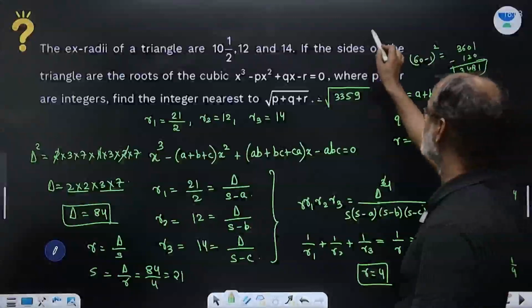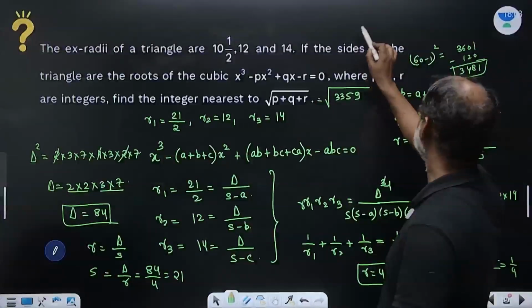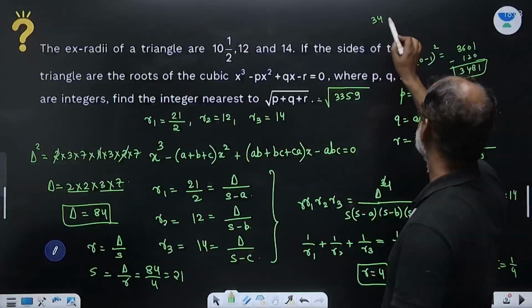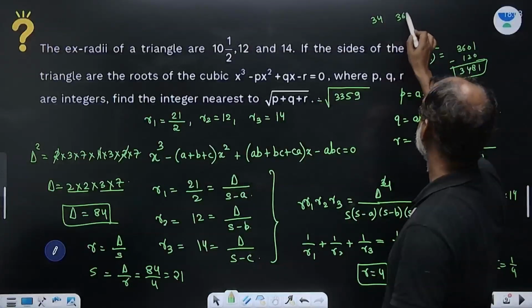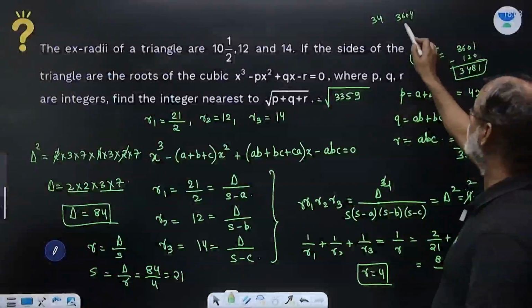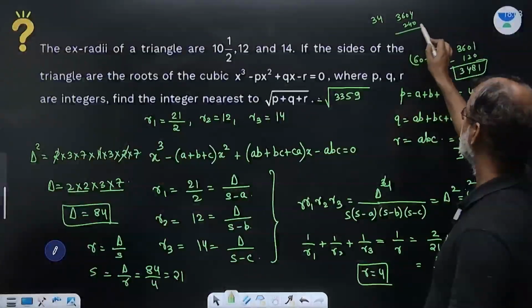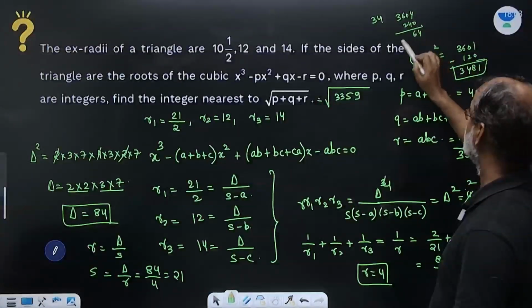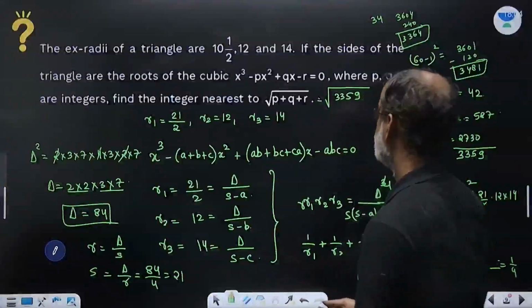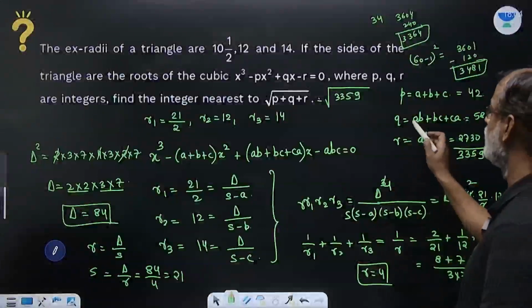So 58 square is 3600 plus 4 minus 240, 3364. So the nearest integer to this is going to be 58.